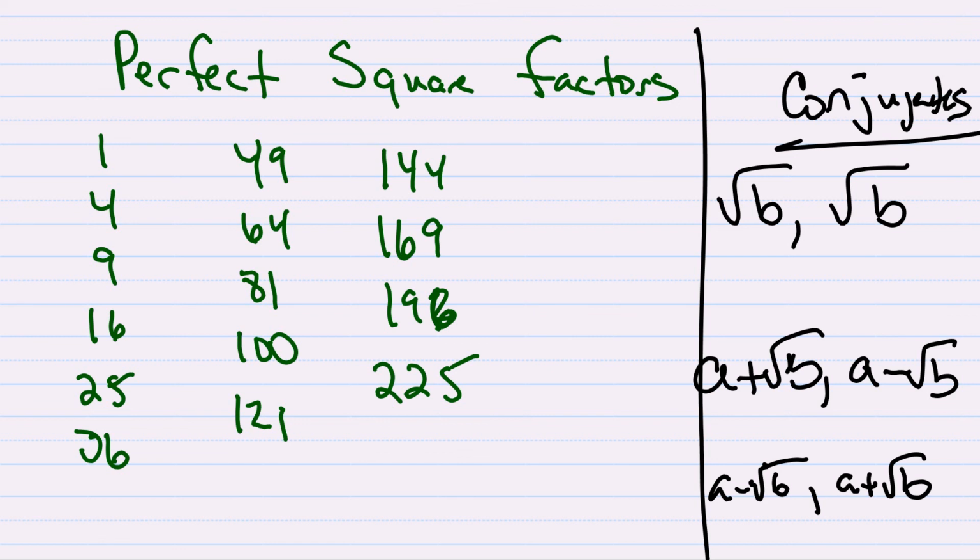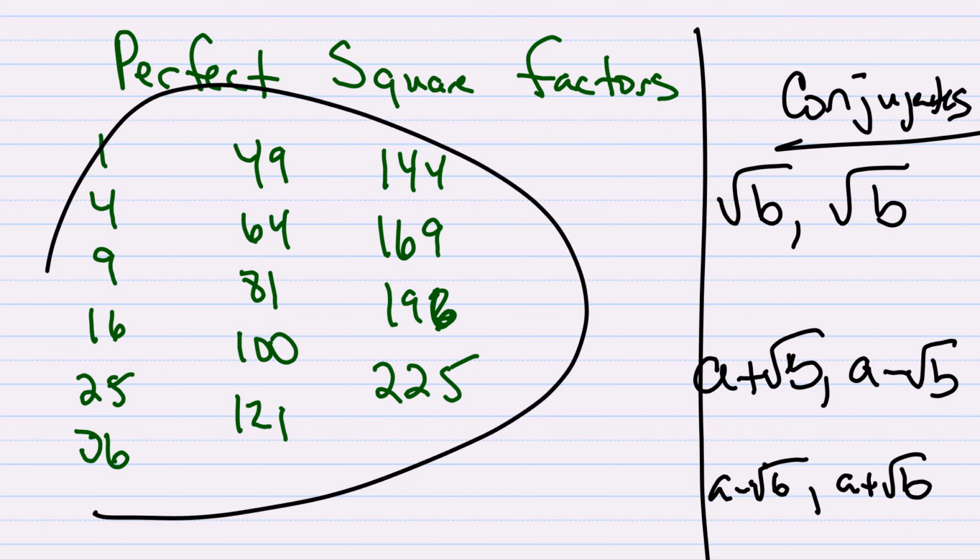The factors are 1, 4, 9, 16, 25, 36, 49, 64, 81, 100, 121, 144, 169, 196, 225. If you're not sure something's a factor, grab a calculator, take the number inside the radical, and divide it by one of the numbers on this list. If it works out nicely, it's a factor. If it gives you a decimal, it's not a factor. Move on to another one.